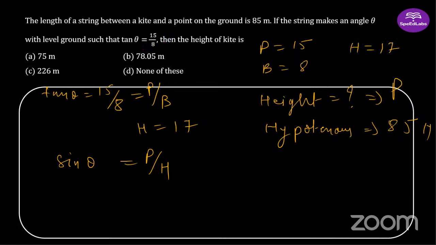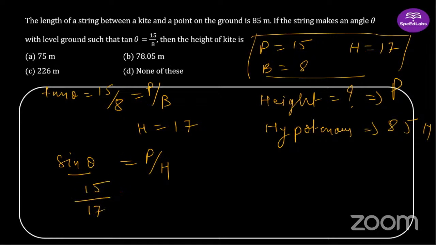Sorry, this won't be for the ratios; these are the original values. So just like sine theta is P by H, if we apply, this would be equal to 15 by 17, and that would be equal to height upon hypotenuse.